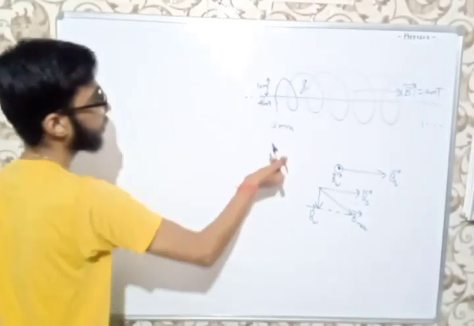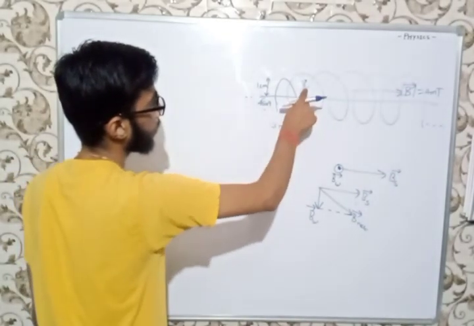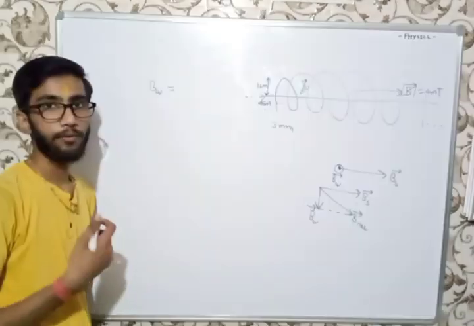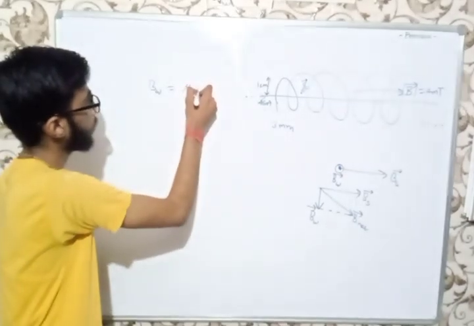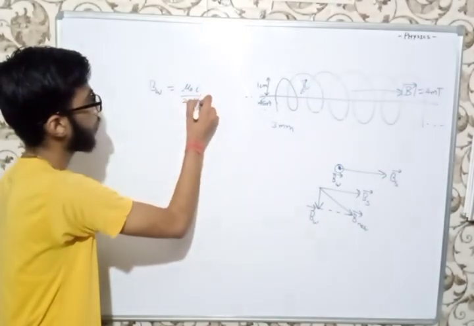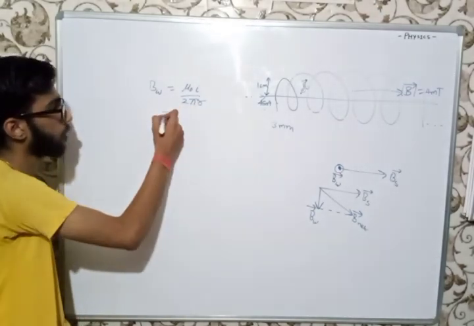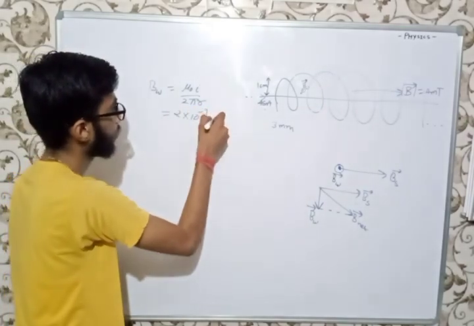Now find the magnitude of the magnetic field at this point due to the wire. So B_W, the magnetic field created by the wire, is mu naught I upon 2 pi r. r is the distance of the point from the wire. Mu naught upon 2 pi is 2 into 10 to the power minus 7.